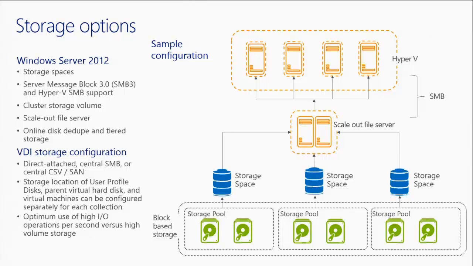Again, freedom of choice. Use what's right for you. There is a session tomorrow. Maybe it's Thursday. There's a scale and architecture session where one of our guys that does all of our reference architecture stuff has done testing against these different solutions. And he'll give you the breakdown of, if you go to scale out file clusters, yeah, that's great. Scale out file server lets you put all your data in one place. Your network bandwidth goes up because now the traffic between the Hyper-V servers and the scale out file server is now picking up what would have been local disk I/O.